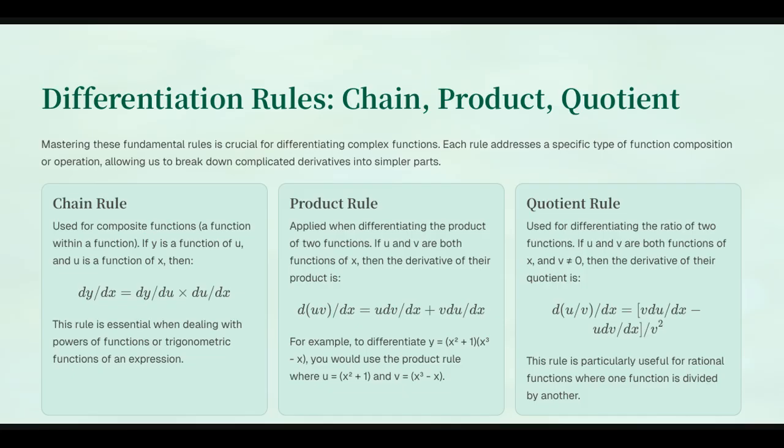So what you would simply do is assign a name to each of these functions. You say, let this be u and let this be v, right? So you will say u times dv/dx, which is the differentiation of this one, plus v times du/dx, which is the differentiation of the other one.